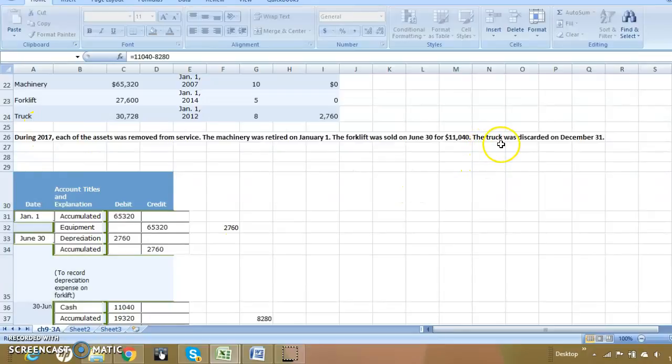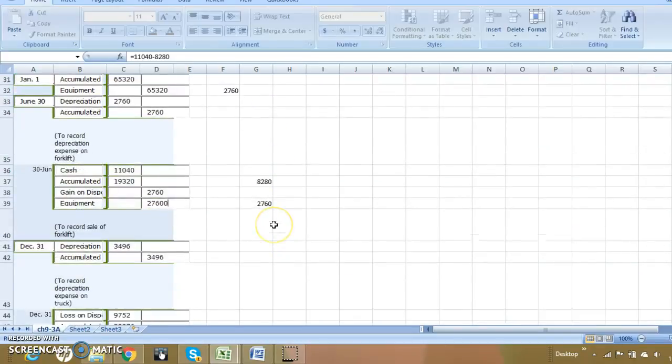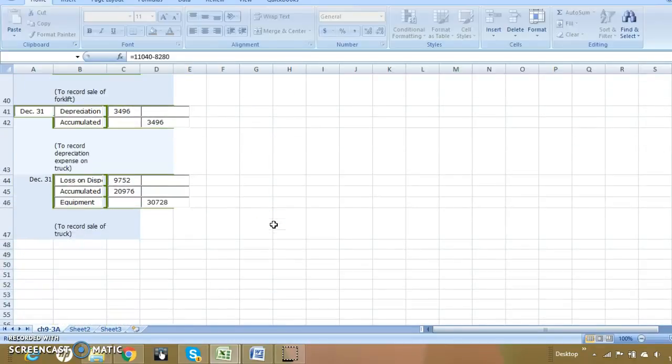Our third item is the truck. We know here that the truck was just discarded, not sold. The truck purchase price was 30,728. We would record it first at the very bottom as equipment, 30,728, and then calculate the accumulated depreciation and how much the loss was on discarding this truck, since it wasn't sold.